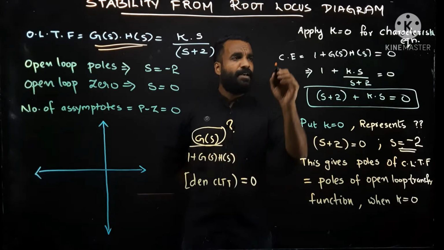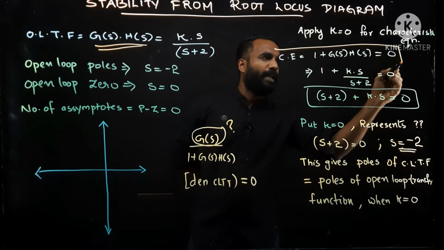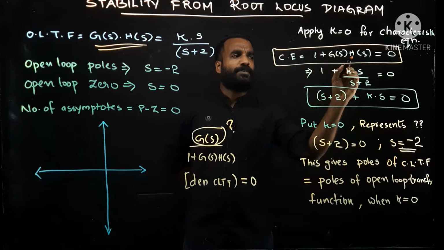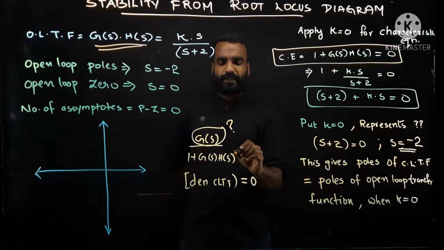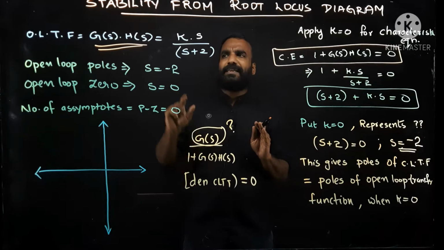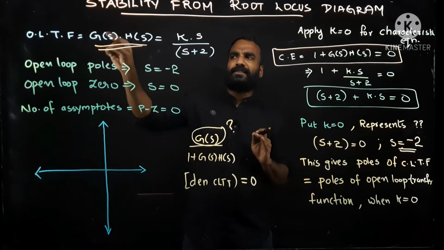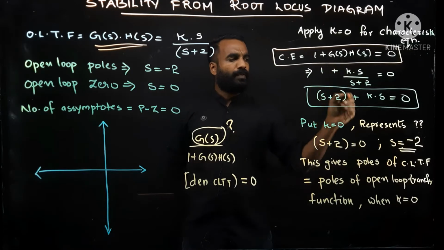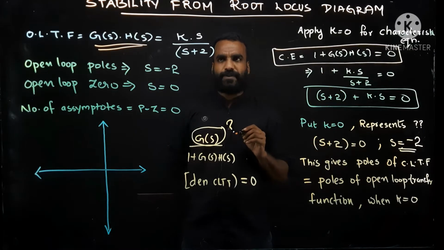You find 1 plus G(s)H(s) and equate it to 0. Both will give the same answer. Please check by using G(s)H(s), then you will get its characteristic equation.